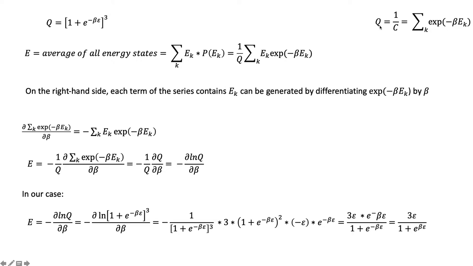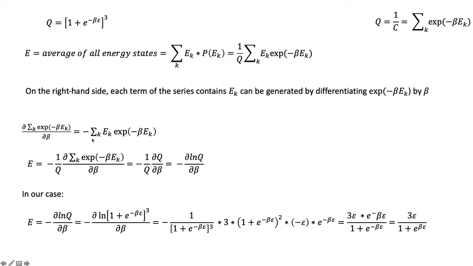And we know the second part equals 1 over Q times exp negative beta ek. So on the right hand side, we find that the ek term can be generated by differentiating the exp negative beta ek with respect to beta.